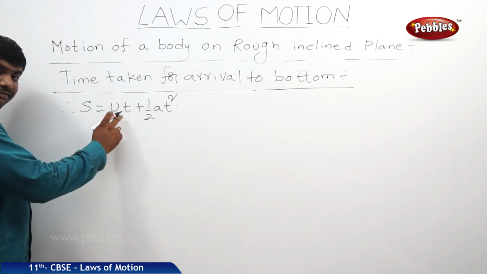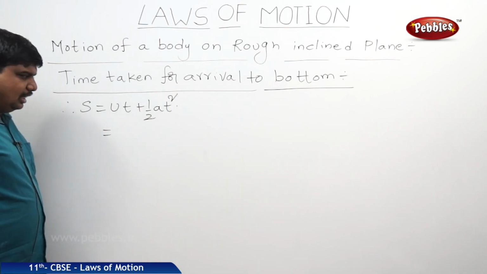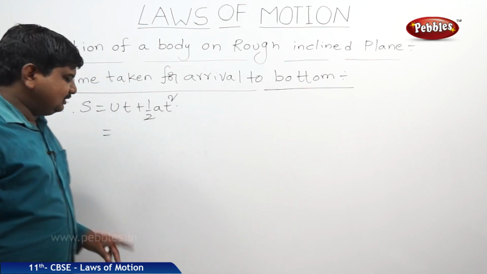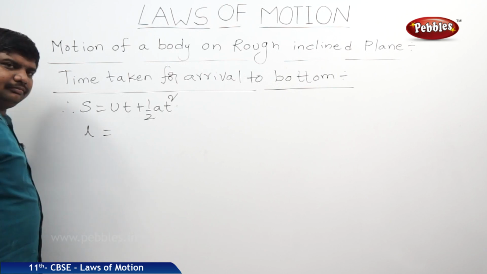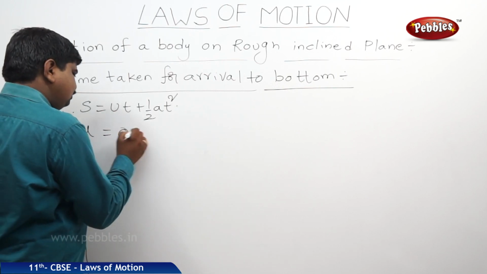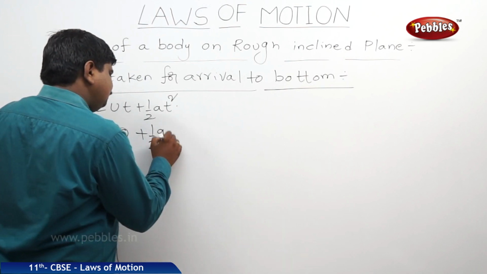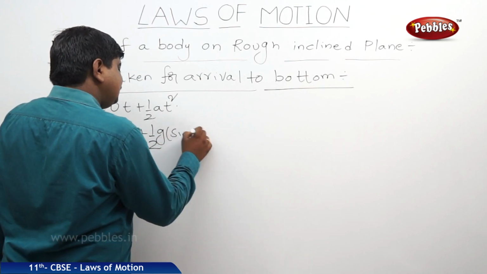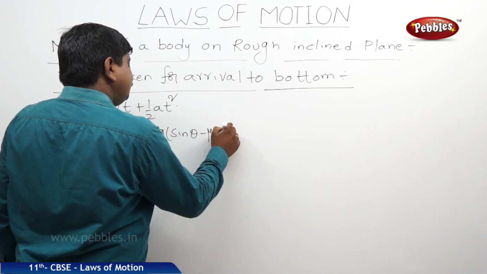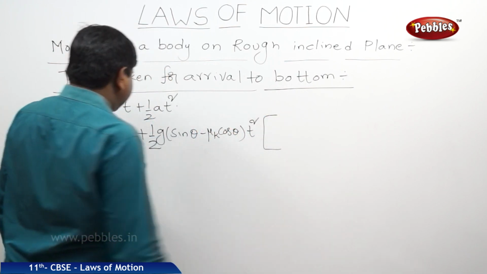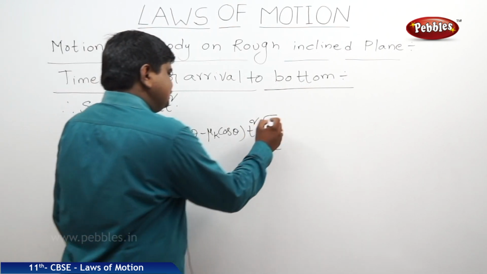We know that for a freely falling body u is equal to 0, and S is the distance travelled by the body which is moving on the inclined plane, that's why S is equal to L. This is 0 plus half, where a is equal to g into (sin theta minus mu k cos theta), into t square. The conditions are S is equal to L, u is equal to 0.